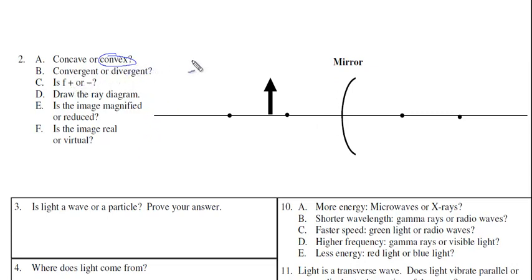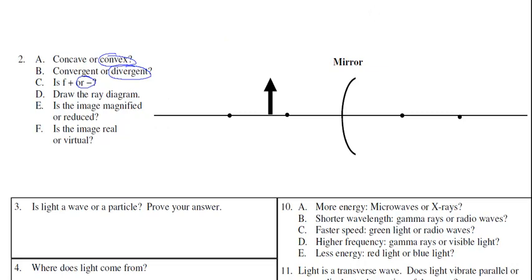Well, a convex lens is convergent, but a convex mirror is divergent. Okay. Is the focal point positive or negative? Well, the left is the real side for the mirror, and the focal point is actually going to be on the right hand side, so this is going to be considered a negative focal point.